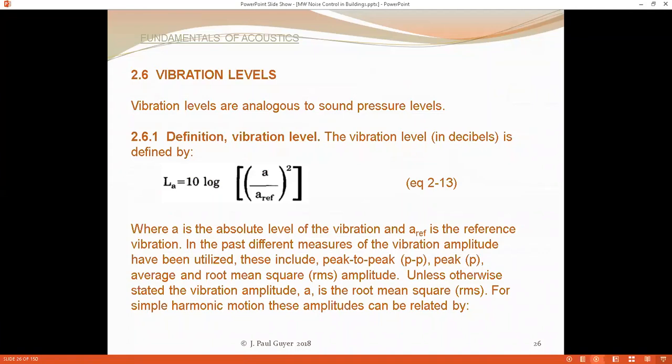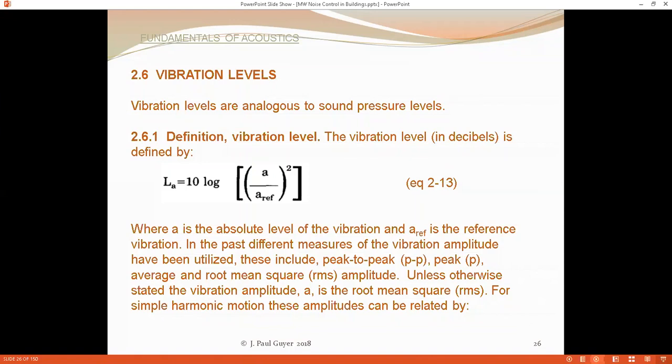You've got a source of sound and vibrations in the source room in the building, and the calculation of the vibration level is analogous to the calculation of the sound pressure in decibels, and that would be using equation 2.13.